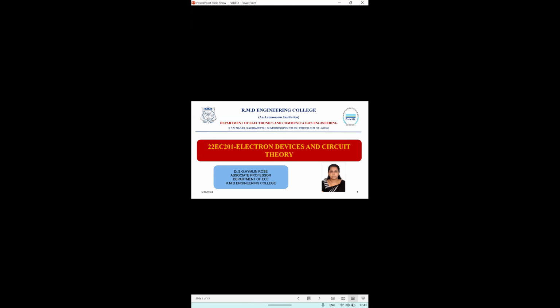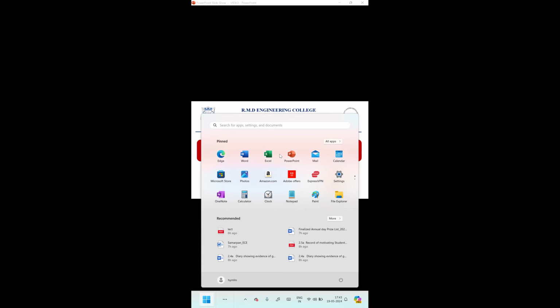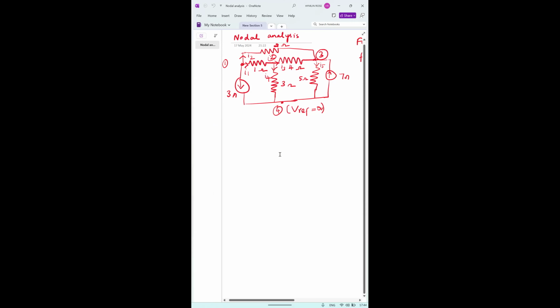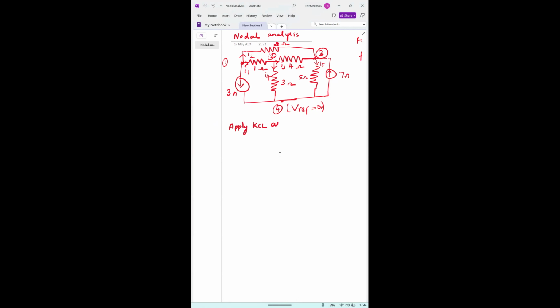For this particular problem, first we write down the nodal equations. For that, we have to apply KCL at node 1.